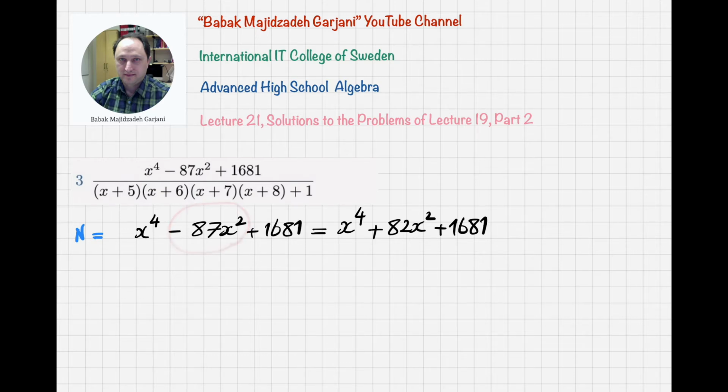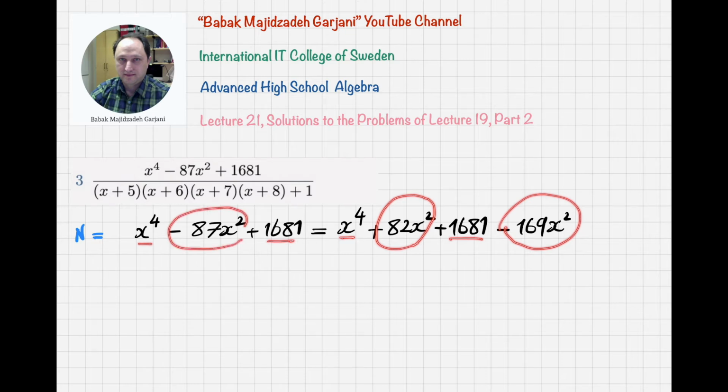Yes, I have negative 87, but I have written positive 82. So what I can do is subtract 169x squared, and then it becomes exactly equal. So x to the 4 is x to the 4, 1681 is 1681, and then this positive 82x squared minus 169x squared becomes exactly minus 87x squared.